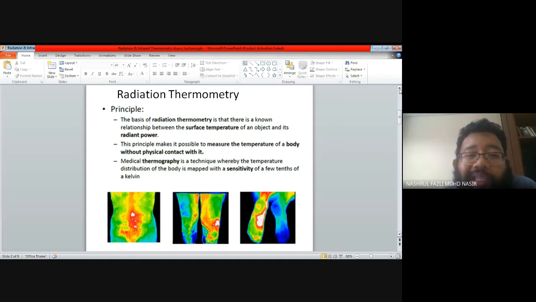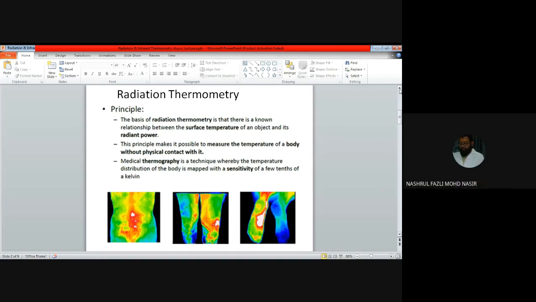If you understand that heat is a type of radiation, there should be a relationship between the surface temperature of an object and its radiant power. People have been measuring temperature using instruments, but you have to make contact with it.